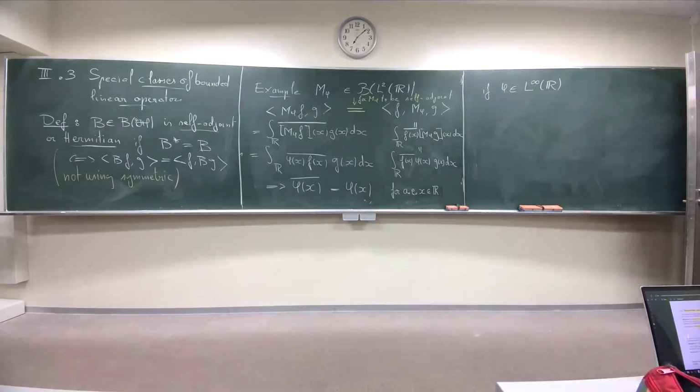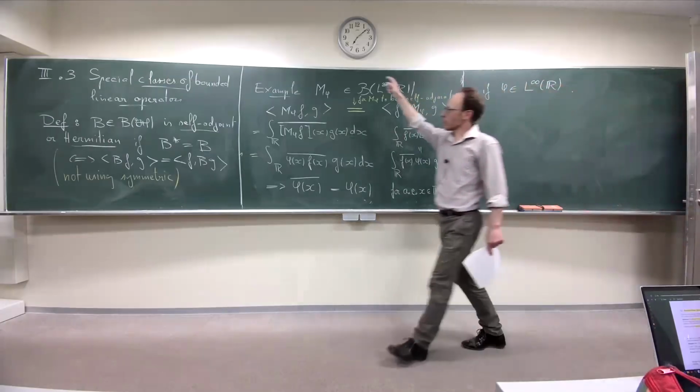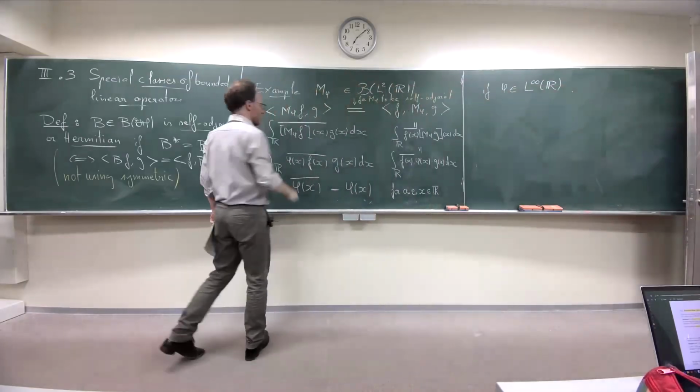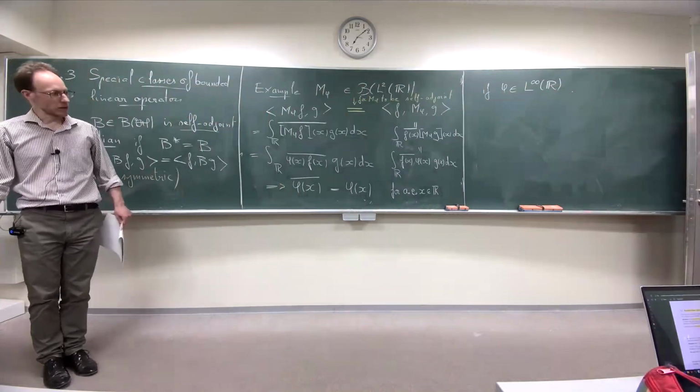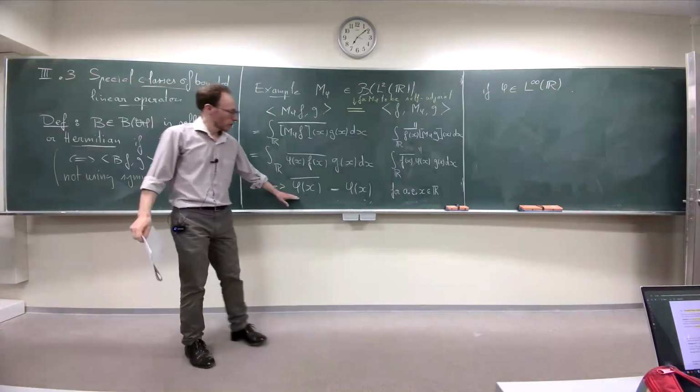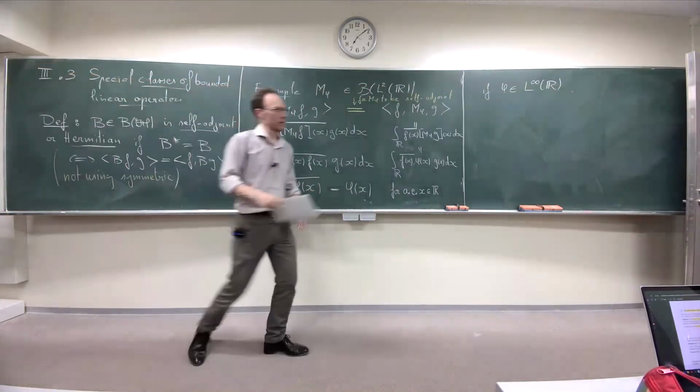If you take it continuous and bounded, then you don't need almost everywhere because the function is continuous, so you cannot change it at a few points. So what is the conclusion? For a multiplication operator, being self-adjoint means the function is real valued.